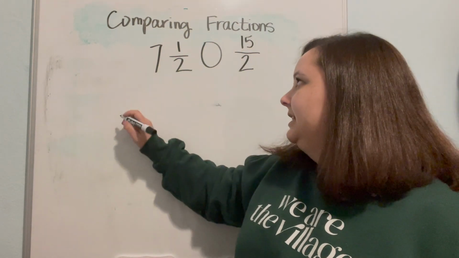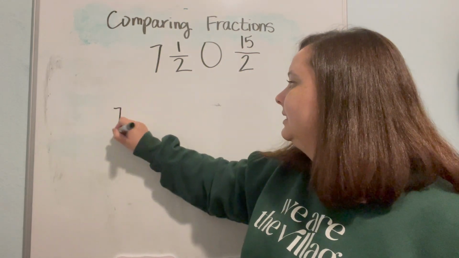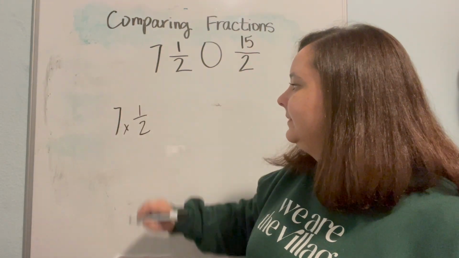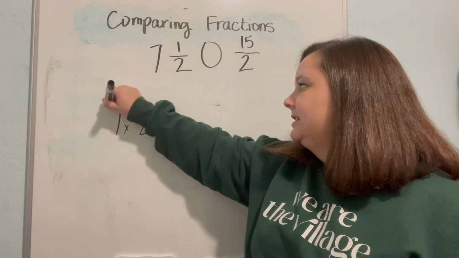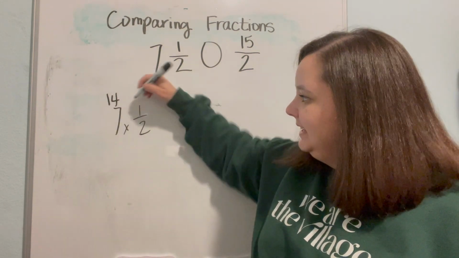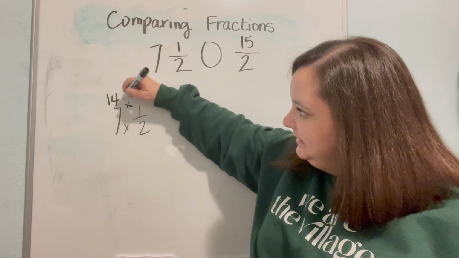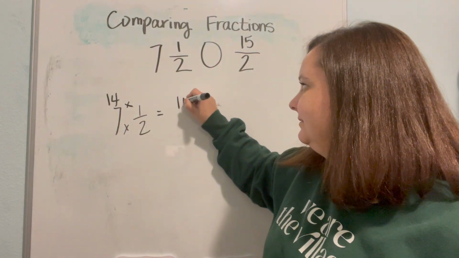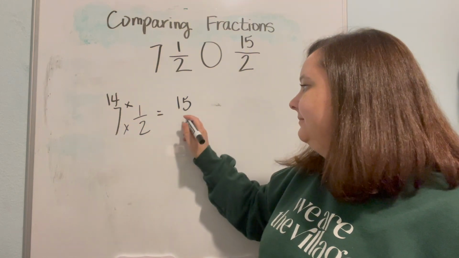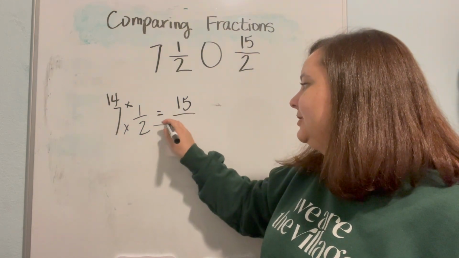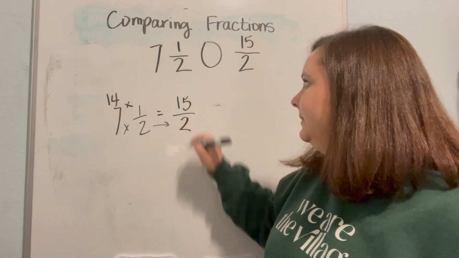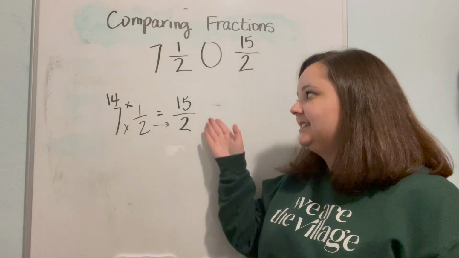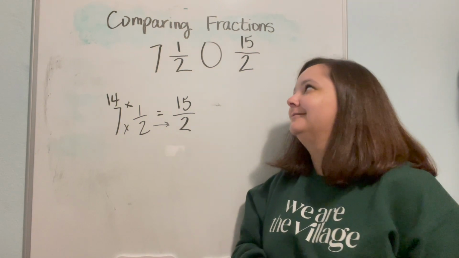So I'm going to take 7 and I'm going to multiply it by the 2 that's in the denominator. 7 times 2 gives me 14. And now I'm going to add my 1 here to find my new numerator, which is 15. My denominator is just going to slide on over. So I know that 7 1/2 is the same as 15 halves.